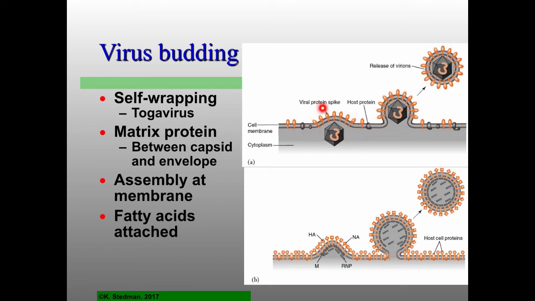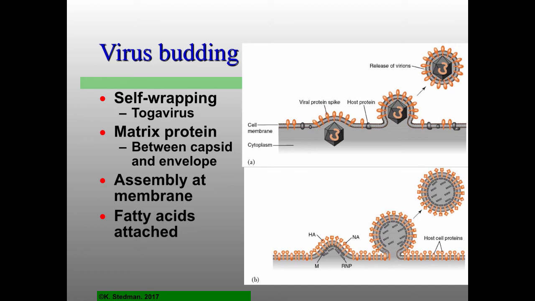And the immediate question that comes up is, well, how does the virion, or the nucleocapsid, know that this is where it needs to associate with those virus membrane proteins as opposed to the non-viral membrane proteins which are there? And it turns out that in a lot of cases we've got lipid rafts; the membrane is not by any stretch of the imagination a homogeneous set of proteins, et cetera.